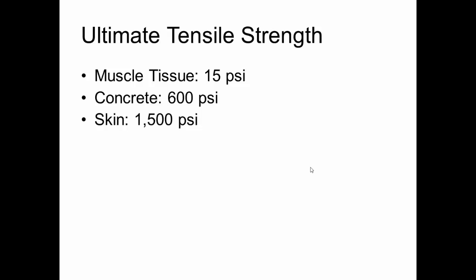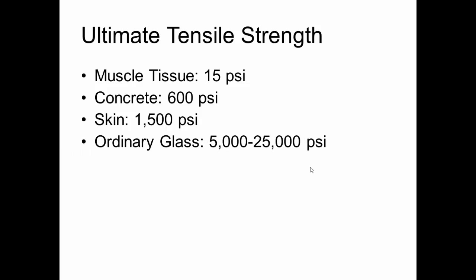Skin has an ultimate strength of 1500 psi, 100 times that of muscle tissue. It's much more difficult to pull skin apart than muscle tissue, but let's not think of either.